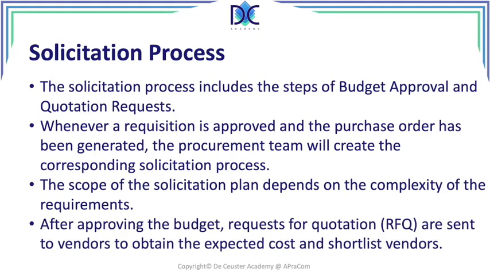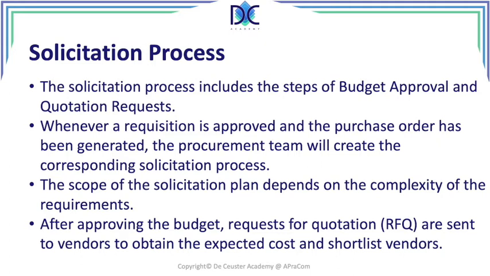After providing the budget request, we send a request for quotation, and we get here expectations of the cost, and also we have a short list of vendors. So with the RFQ, we will talk about RFI, RFQ, and RFP later.